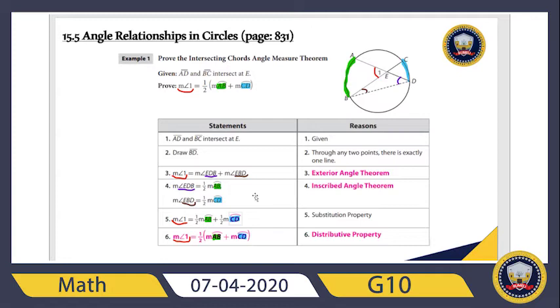Okay, now the second thing is I'm going to check this angle here, which is EDB. It's an inscribed angle and its intercepted arc is AB. What did we say from the inscribed angle theorem? We said that the measure of the inscribed angle is equal to half of the length of its arc.